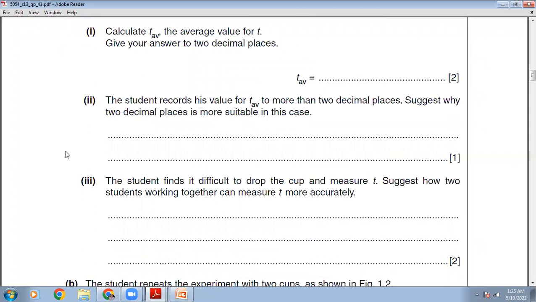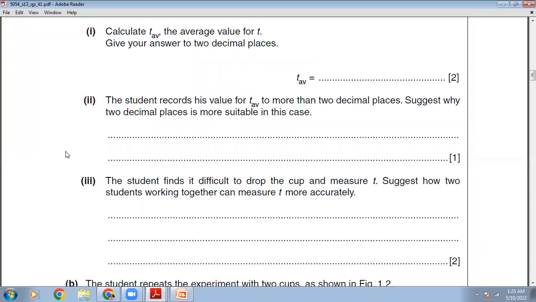The student finds it difficult to drop the cup and measure the time. Suggest how 2 students working together can measure t more accurately. Because they have used only one student, he drops the cup and he also notes down the time of the fall. It will be better if you use 2 students. One student will drop the cup, the other student will hold the stopwatch.